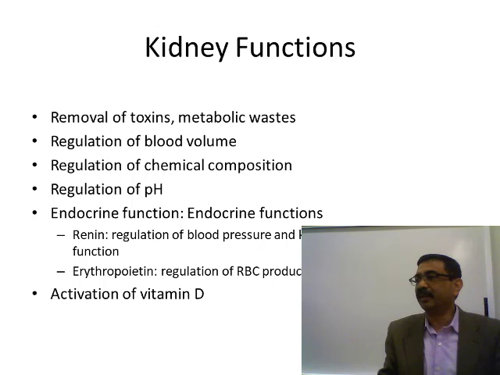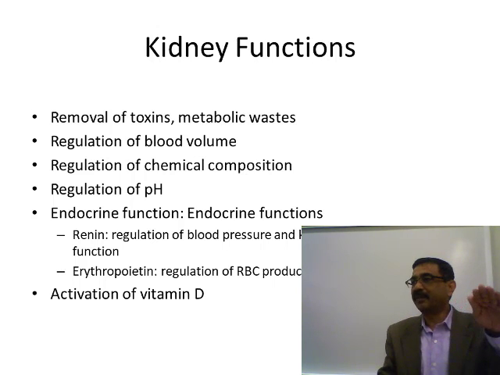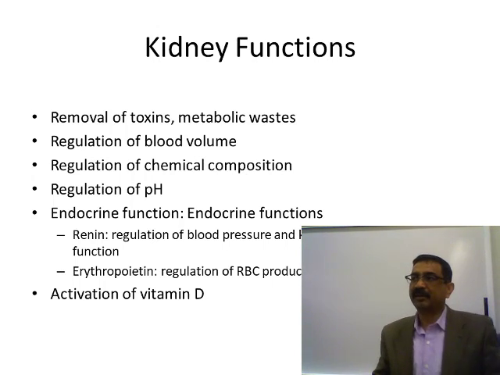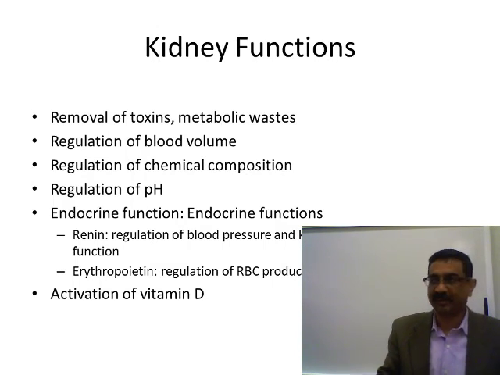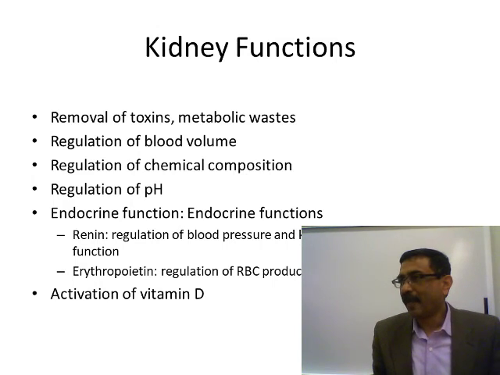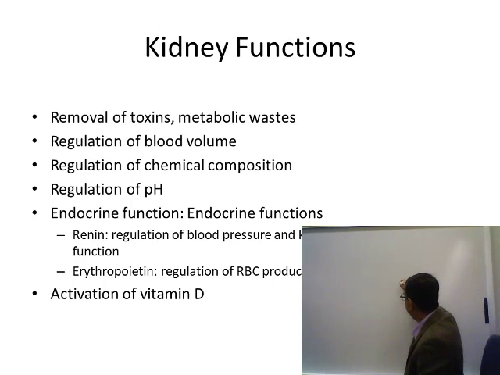You know that in your blood all the chemicals or electrolytes must be in right concentration, in normal concentration. For example, you all know, if in your blood hydrogen ion concentration increases, then blood will become what?